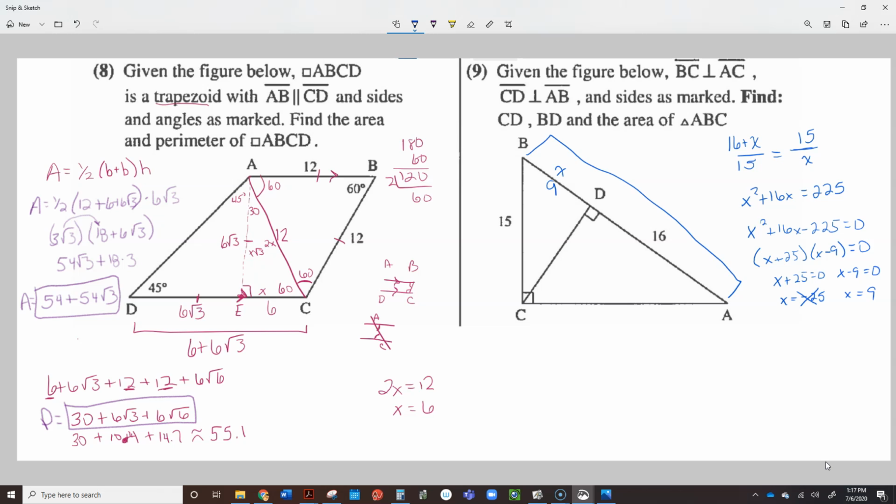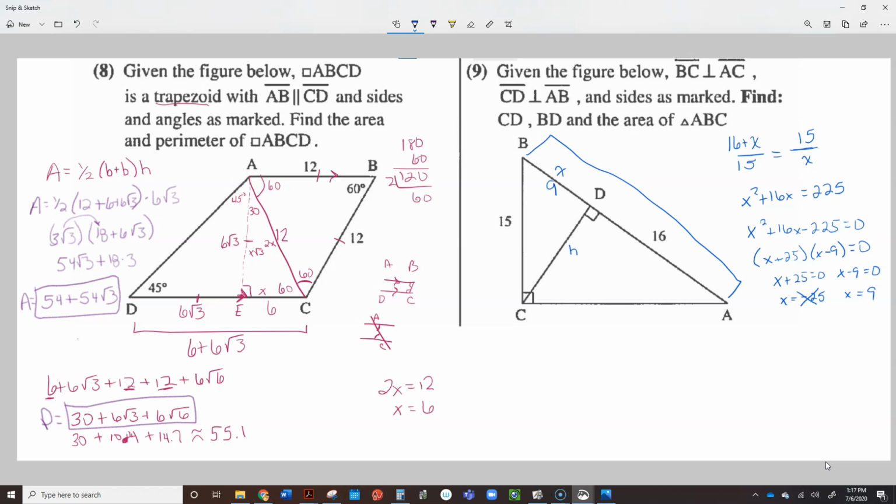And the other thing that they wanted us to do was find BD. Oh, we did find BD. And now they want us to find CD. Okay, so CD is the altitude right here. We can also look at it as the height of this right triangle, the distance between the vertex and the base.